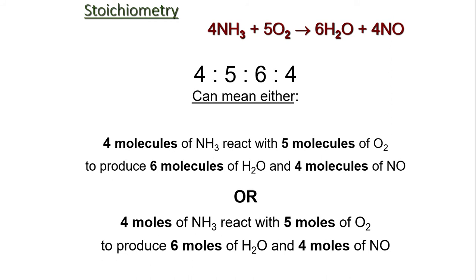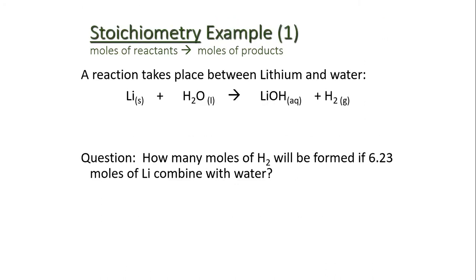So 4:5:6:4 can mean either 4 molecules of NH3 react with 5 molecules of oxygen to produce 6 molecules of water and 4 molecules of NO, or 4 moles of NH3 react with 5 moles of O2 to produce 6 moles of H2O and 4 moles of NO. So we have here the stoichiometric example. Always remember that the moles of the reactants is equal to the moles of the products.